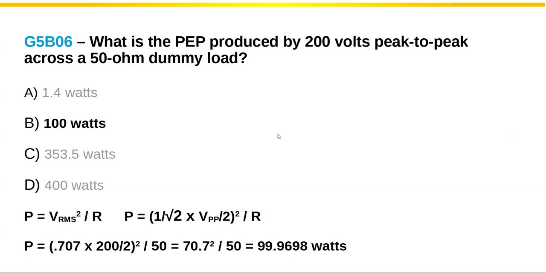And we want RMS voltage. So 70.7, which is what this comes out to be, squared, divided by 50, is approximately 100 watts.